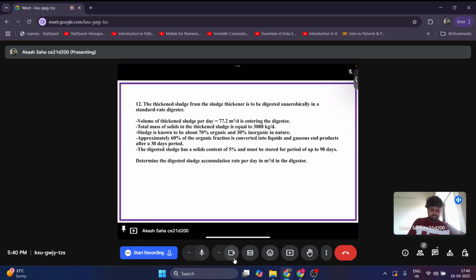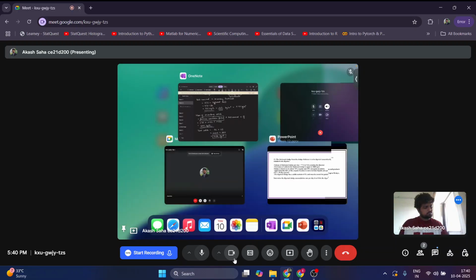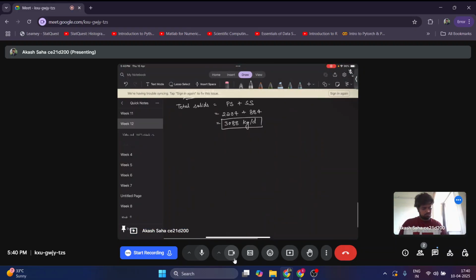So let's discuss the answer now. Question number 12. It is given that the sludge loading rate is around 77.2 meter cube per day.